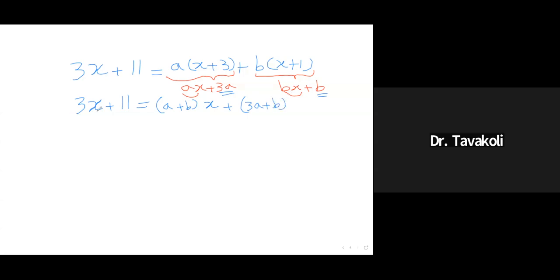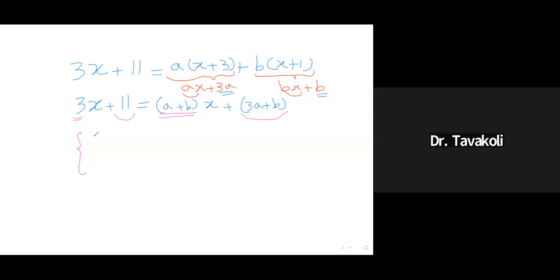So 3x plus 11 is identical to a plus b times x plus 3a plus b. These two sides are identical no matter what x is, so I can set the corresponding coefficients equal to each other, meaning that 3 is the same as a plus b, and 11 is the same as 3a plus b. So let me form the system.